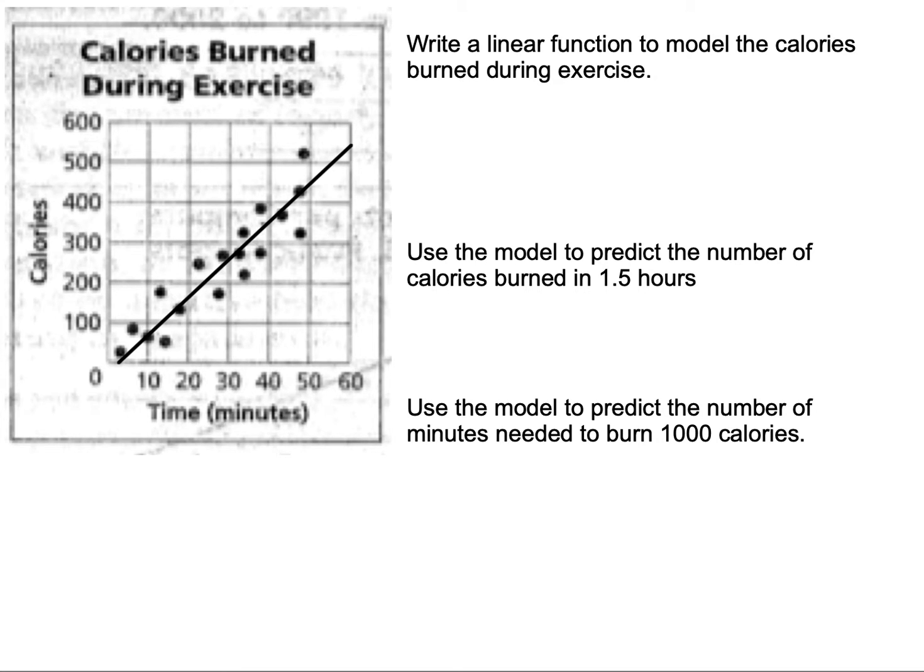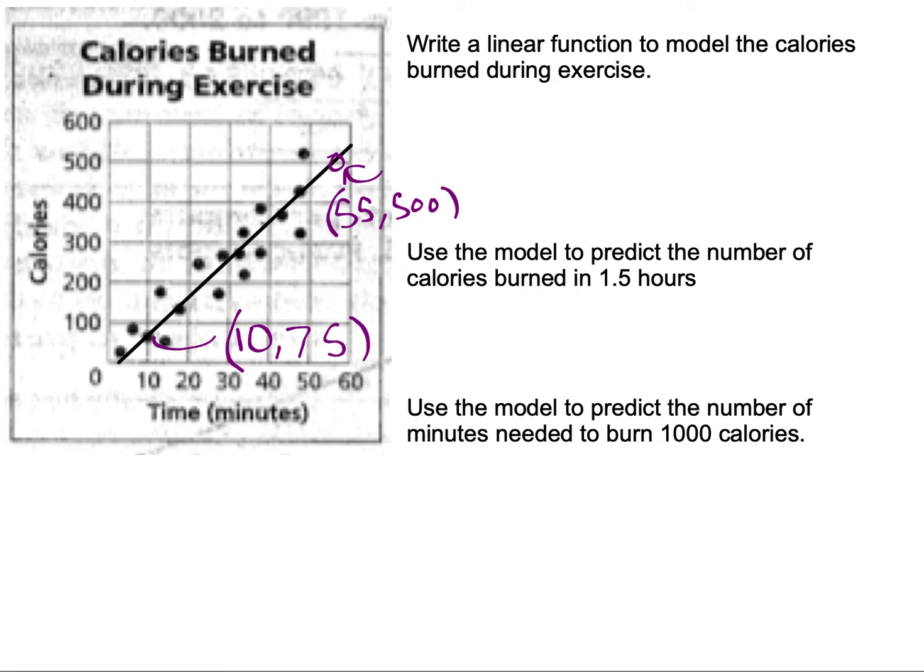It looks like it tends to follow it, so we're going to go with that. It looks pretty good. Let's use this point that looks like it's about 10, 75. And what's another good point we could use? This one's not on the line, but let's go ahead and use it. It'd be about 55, 500.